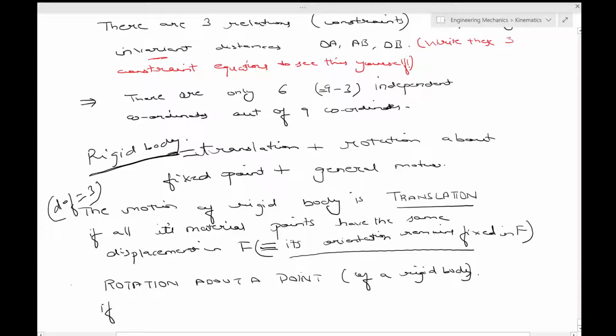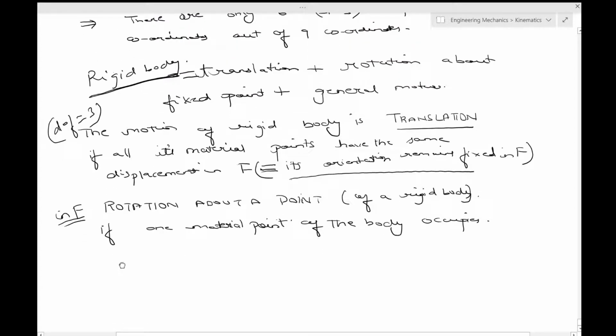In F, clearly, if one material point of the body occupies the same location in F at all time, this would again be degrees of freedom equal to 3.